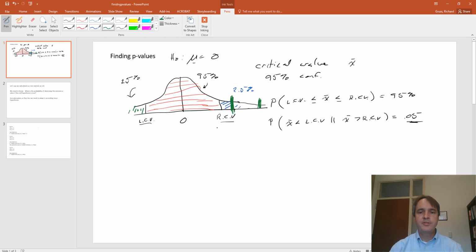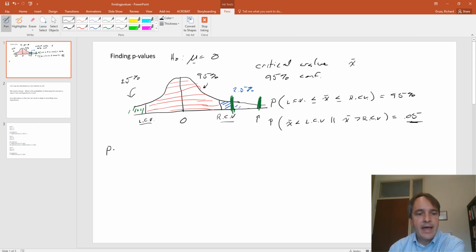In both cases we would reject, but if we had observed this value out here, then it would be a stronger case for rejection, right? The probability of being beyond here is only 5%, but we would want to say, what's the probability of it being out here versus out here?